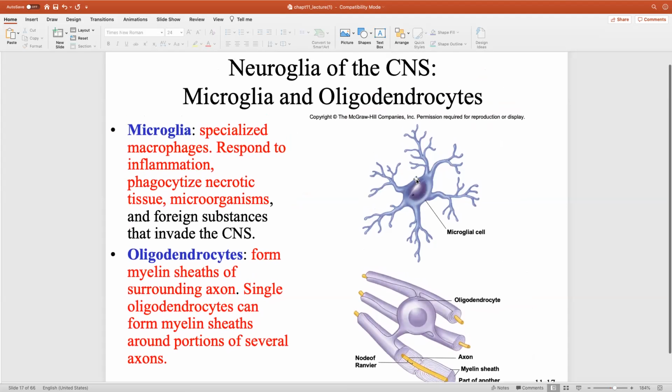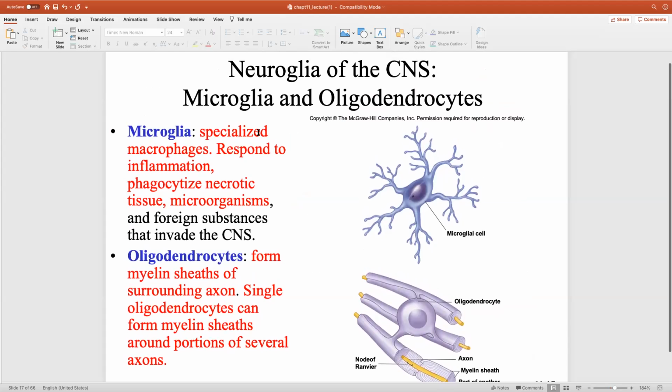Then other types right here. Neuroglial cells that we just mentioned include astrocytes and epidermal cells. The next one are microglial cells. Microglial cells are specialized macrophages. They respond to inflammation. They allow you to phagocytose necrotic tissue and whatever foreign microorganisms get through the blood-brain barrier.